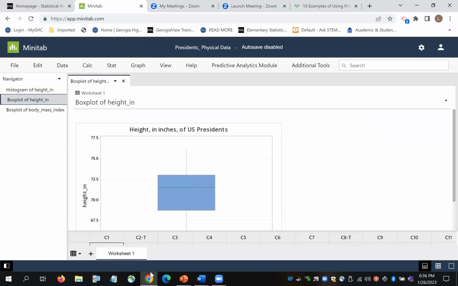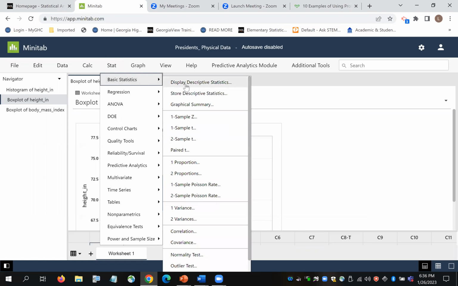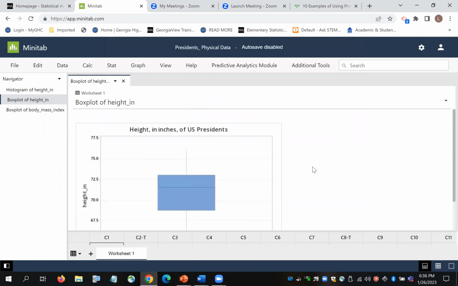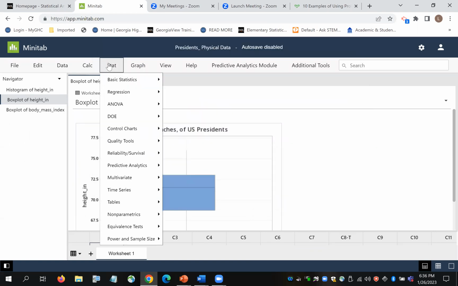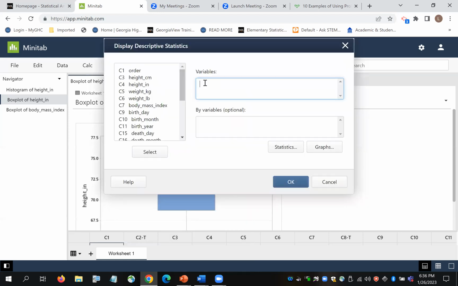Here's how you do the calculations. We want statistics, so we go to Stat. These are basic statistics and they're descriptive. So we go Stat, basic statistics, display descriptive statistics. Let me do that again. Stat, basic statistics, display descriptive.